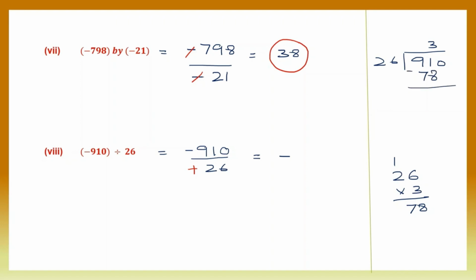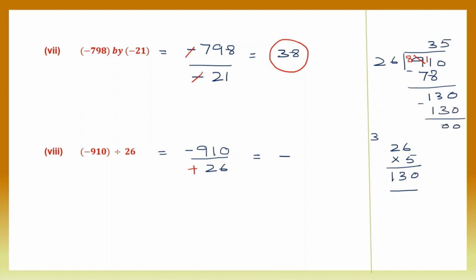Minus, now we need to borrow from 9, so this is 8 and 11. 11 minus 8 is 3, 8 minus 7 is 1 and 0. Now we need to get 130. So let's try 26 into 5. 5 6s are 30, carry 3. 5 2s are 10 plus 3 is 13. Yes, we've got 130. So 26 into 5 is 130. Minus, so the quotient is 35 and we already have a minus sign here. So which is our final answer? With the sign it is minus 35.